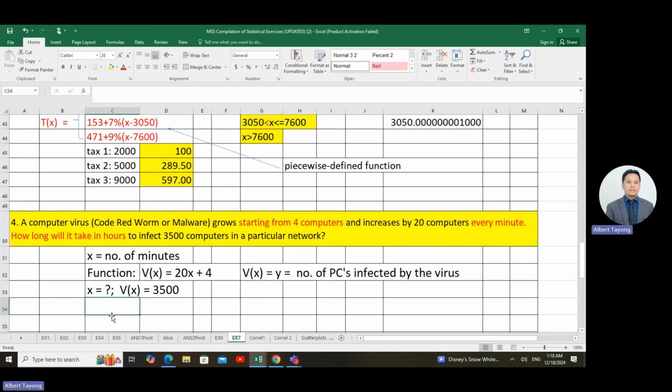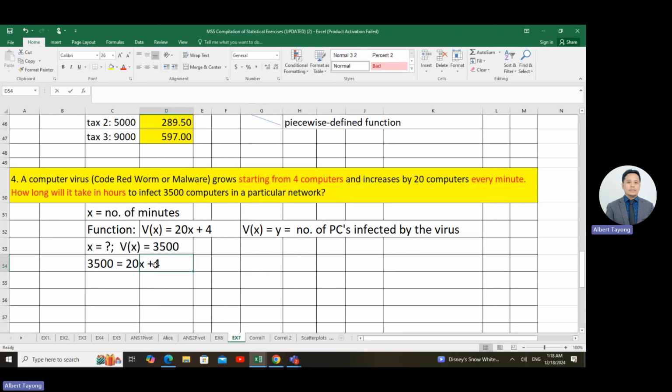So we have 3,500 equals 20x plus 4. We transfer plus 4 to the other side. It will become 3,500 minus 4 equals 20x.